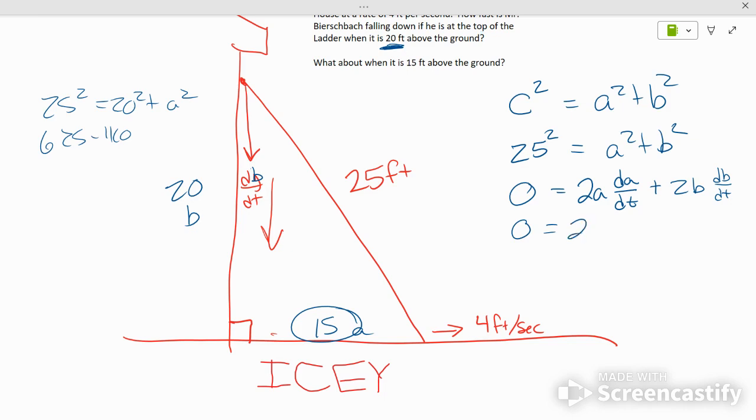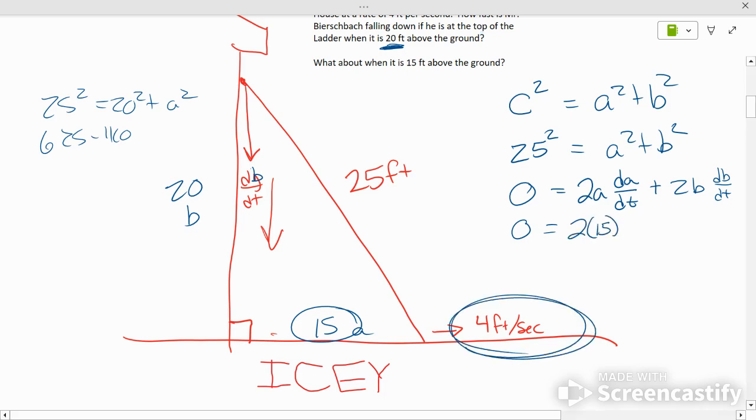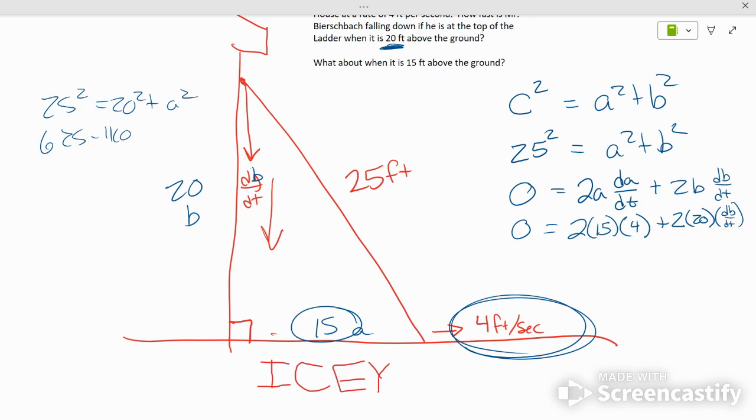So if this is B and this is A, we go 2 times 15 times dA/dt, and it tells me how fast the bottom of the ladder is skating out on the ice. It's skating out at 4 feet per second, plus 2 times B, which we were told at the start of the problem was 20, and I want to know how fast I'm falling down. Well, that's dB/dt. We solve for dB/dt.